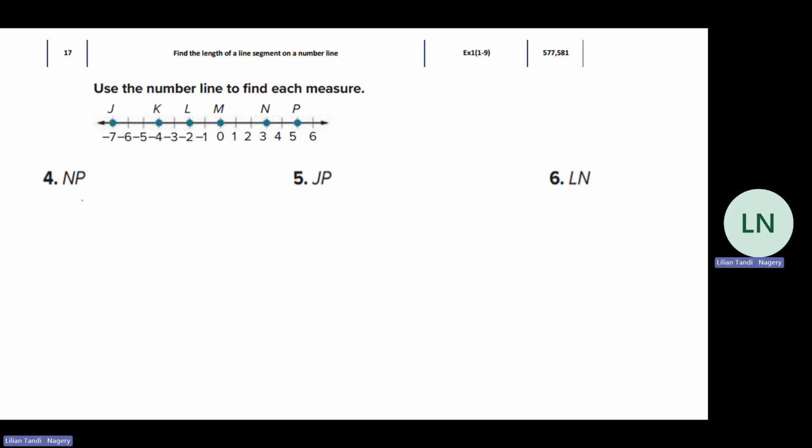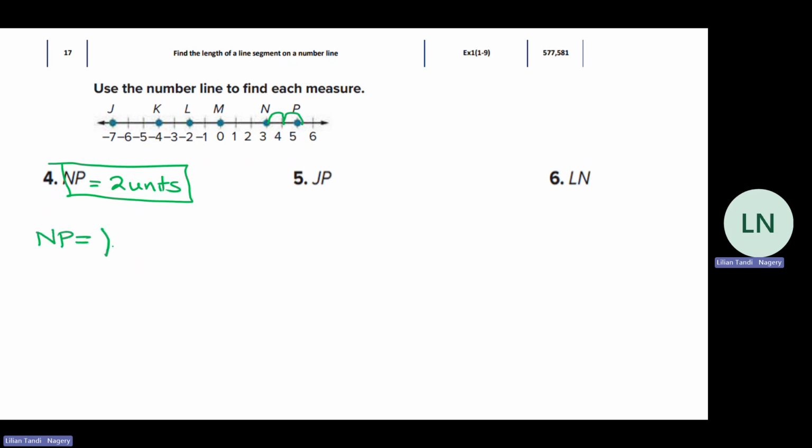NP, same thing, from 3 to 5 is 2 spaces. So NP equals 2 units. Okay, or use your formula.